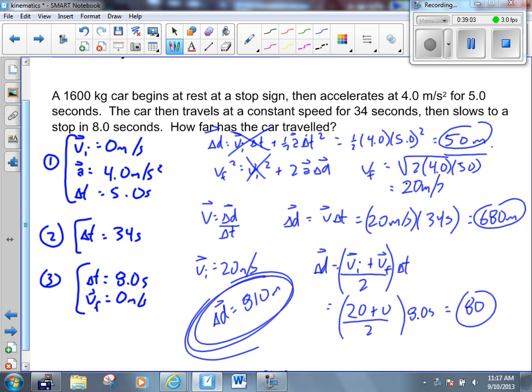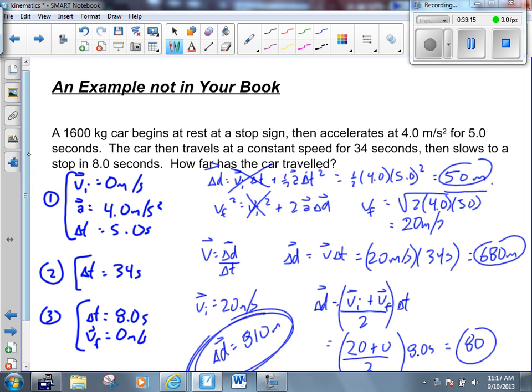Speaking of position time graphs, wouldn't it be neat if we could plot a position time graph for this whole question? Let's do that. Let's put everything that we've done this year into this question. Let's just sketch a position time graph for this data here.